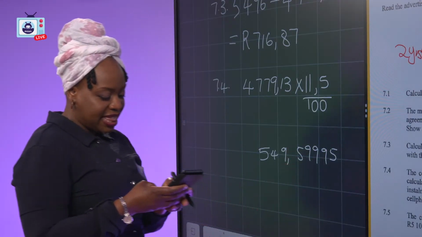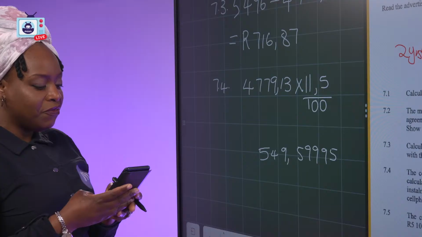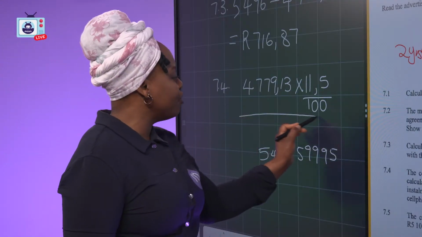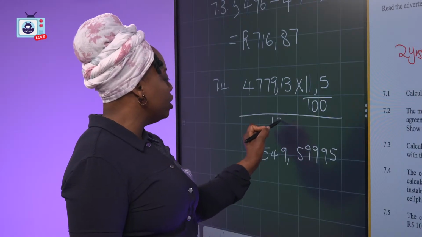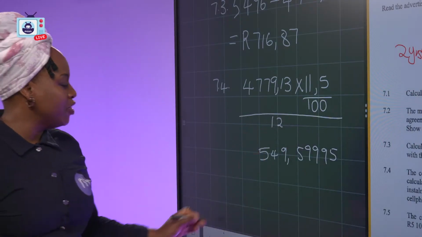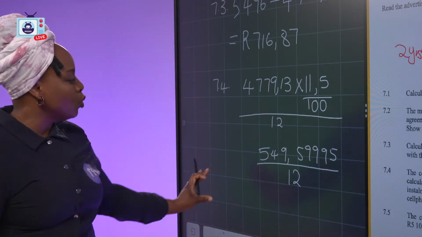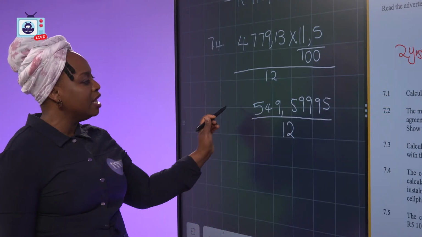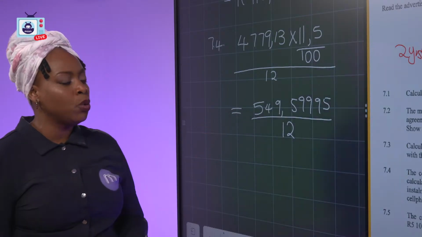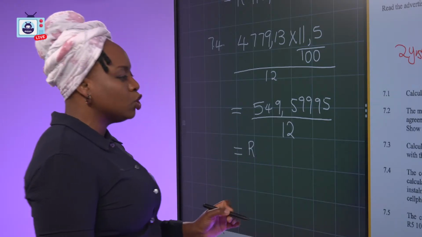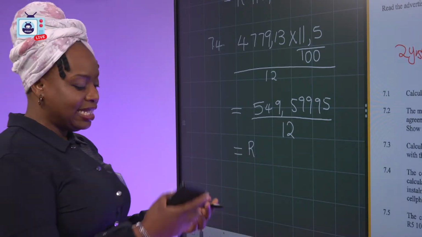549.599995. And then we're going to divide it by the total months of the year, not 24, because everything that we are doing here has to be in yearly terms. So we are dividing by the total months of the year, which is 12. And when we do that, we get the money that the insurance is charging.